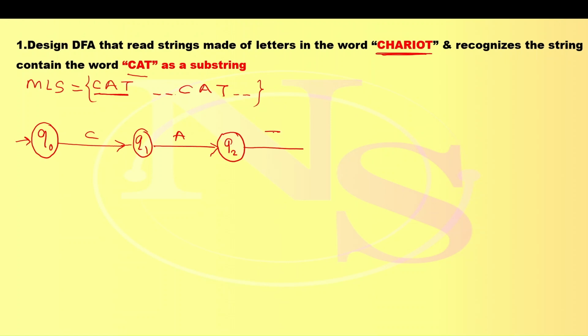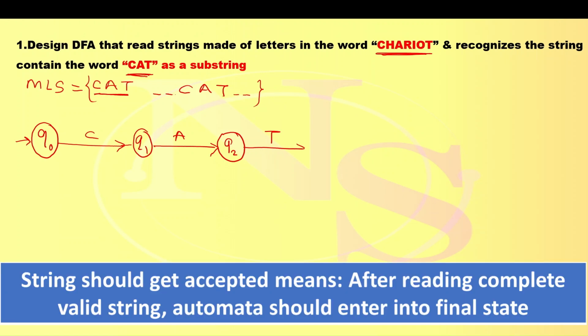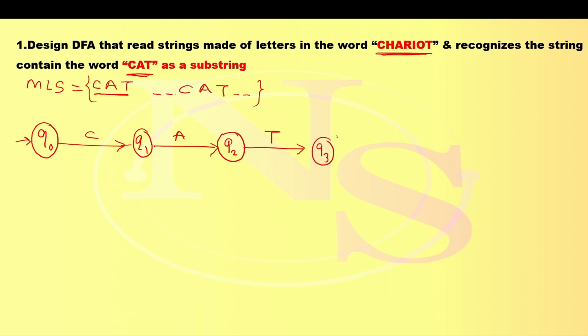The next symbol is T. CAT is our main condition, and it should get accepted. Hence the transition of this T should go to the final state, Q3 as a final state. So CAT is getting accepted.